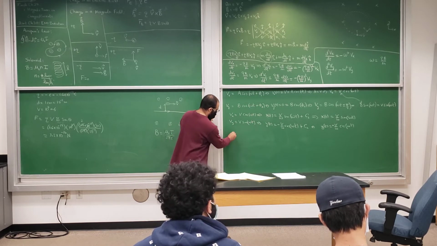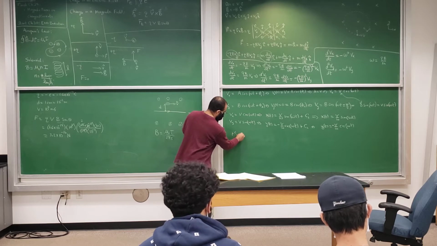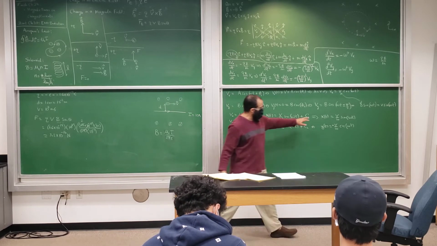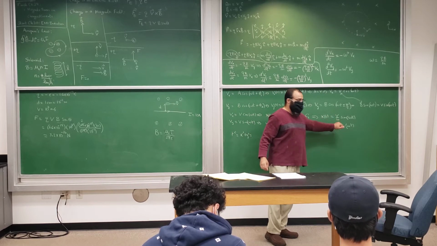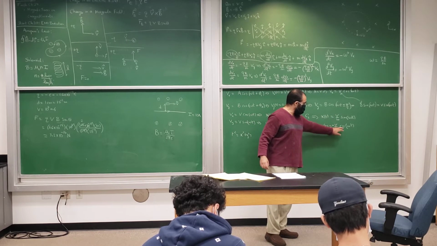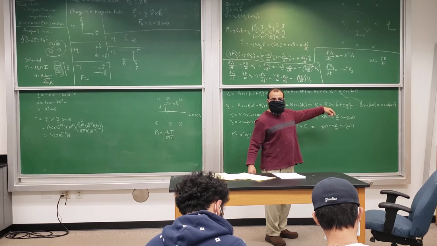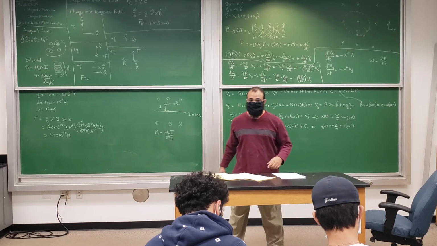So if I do this, I have r squared is equal to x squared plus y squared. When you square this one, you get v squared over omega squared sine squared, and this one you get v squared over omega squared cosine squared. Factor out the v squared over omega squared, you get sine squared plus cosine squared, which is what? 1.